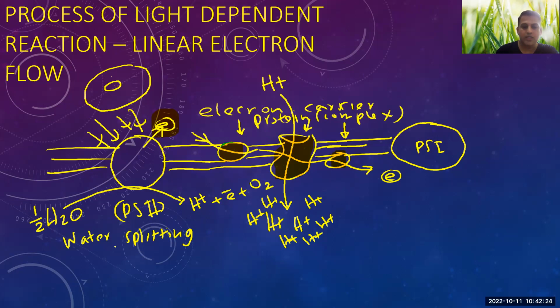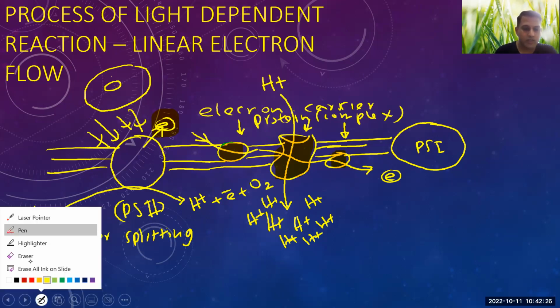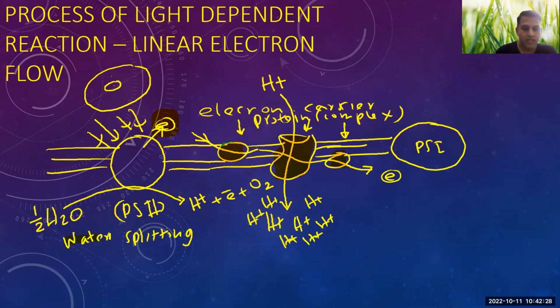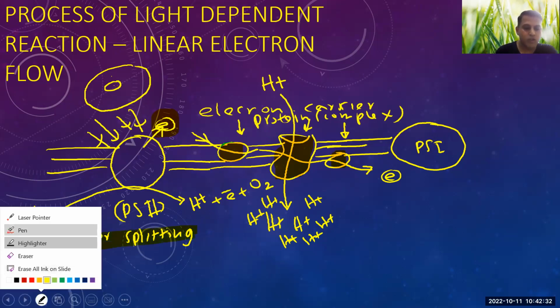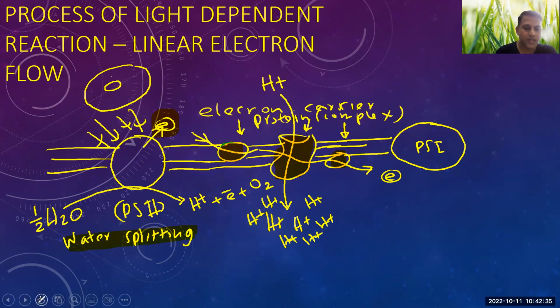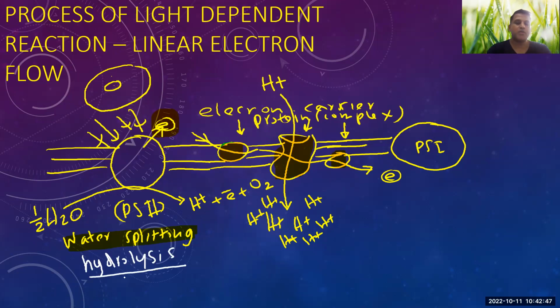But the Campbell Biology book and the resource book use the term water splitting, but most of the time there is a standard word for that. Even exams and many textbooks use this word, which is called hydrolysis. This is also a very important word to remember.